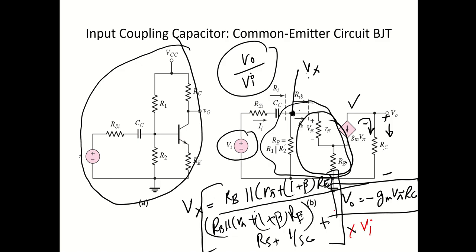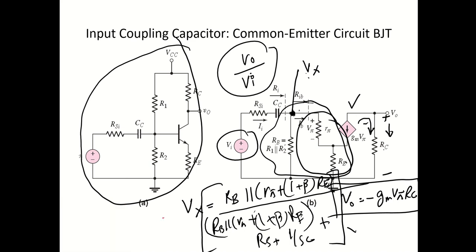So this is the expression for Vx, or in terms of Vi. If you take the ratio of V out over Vi, we can get our voltage gain. By using those values we can actually get an idea of the filtering characteristics.